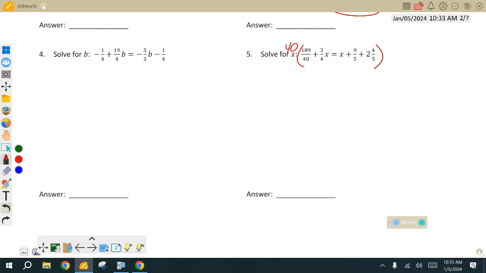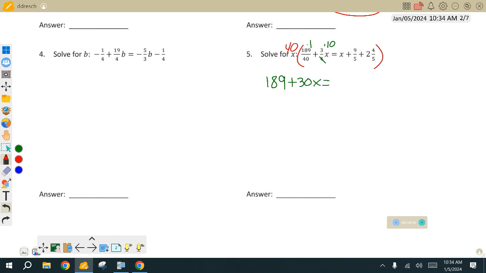And again, calculators are nice, but on a lot of these, by dividing first, you don't necessarily have to use a calculator most of the time. 40 divided by 40 is 1, and we can do 1 times 189. 40 divided by 4 is 10, and 10 times 3x is, yep.